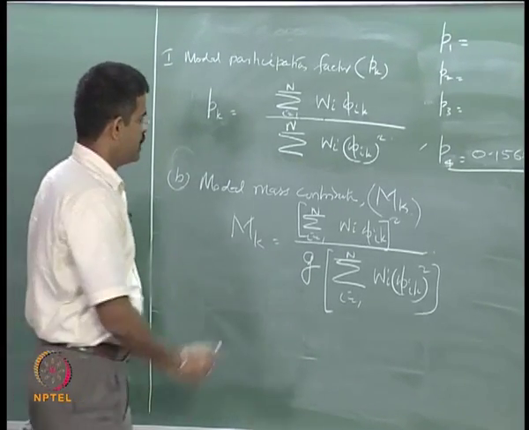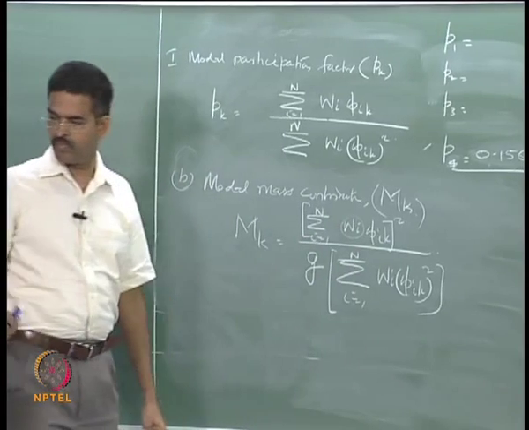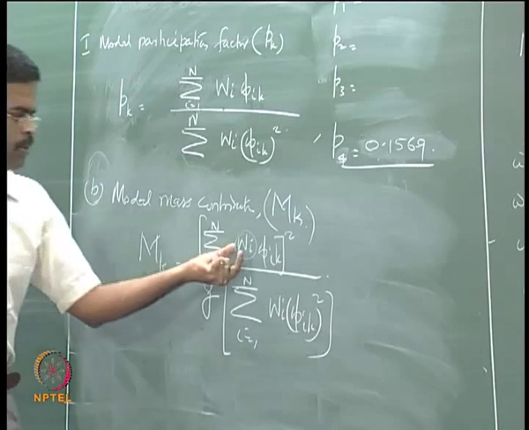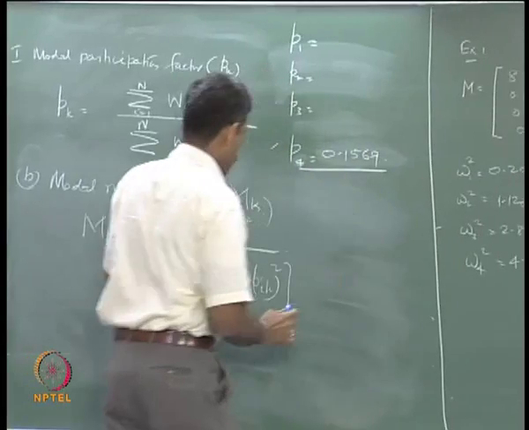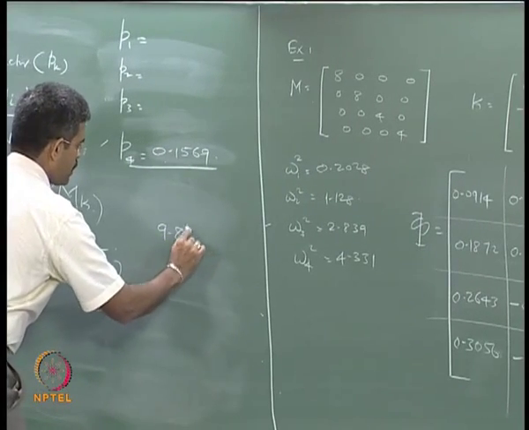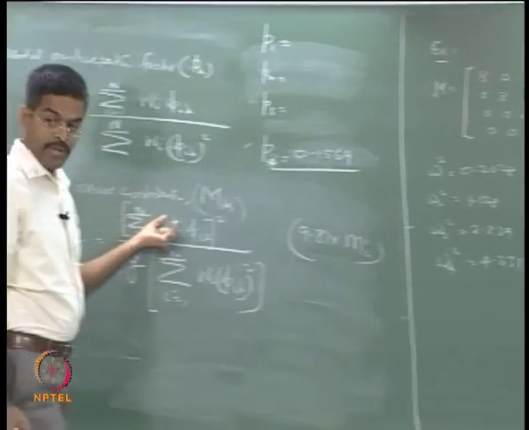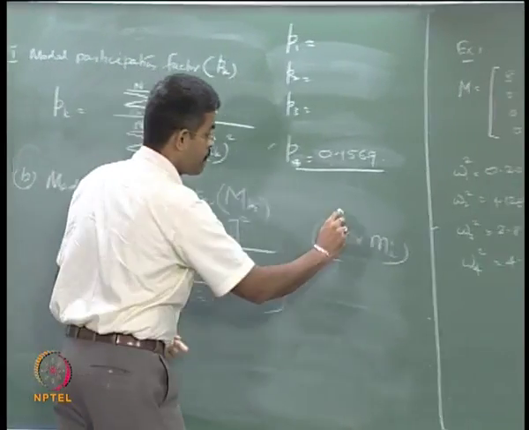Now, let us see if I substitute this. If I want W, I am having mass here. So, I should say, let us say 9.81 into Mi, this gets squared because there is a square term here.